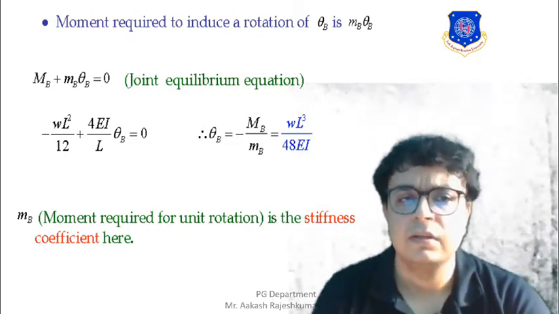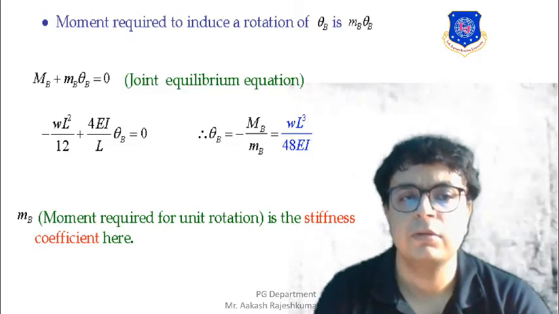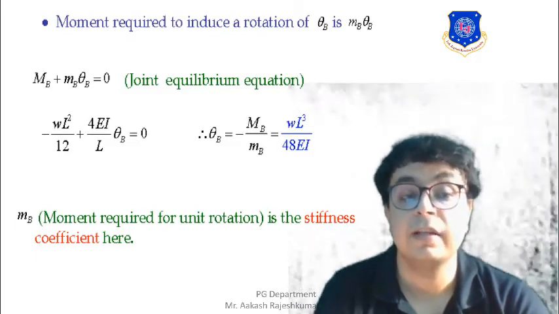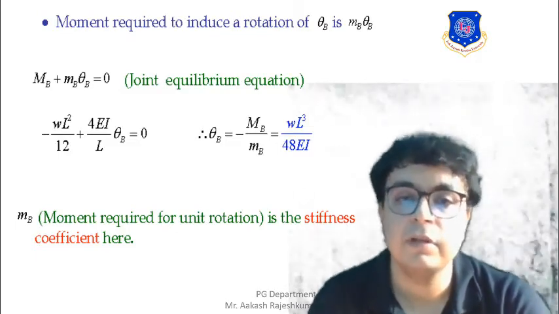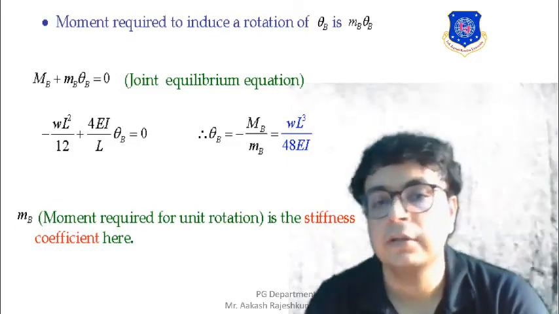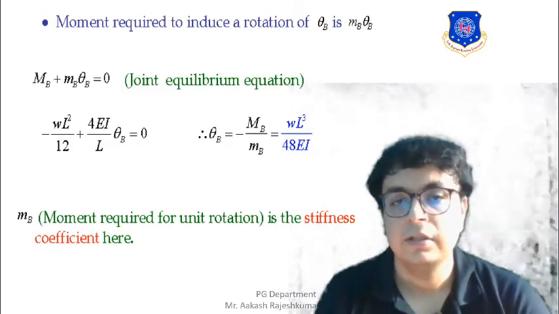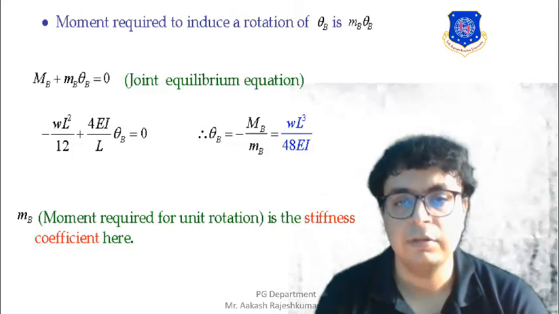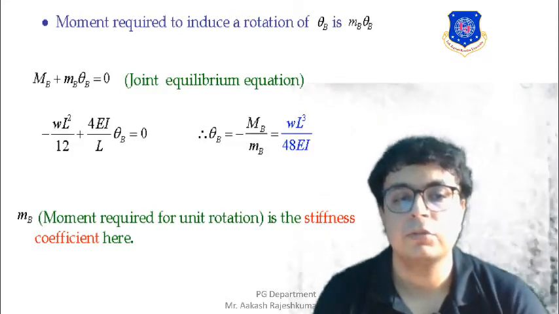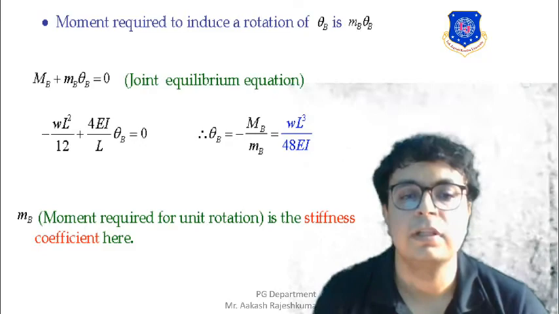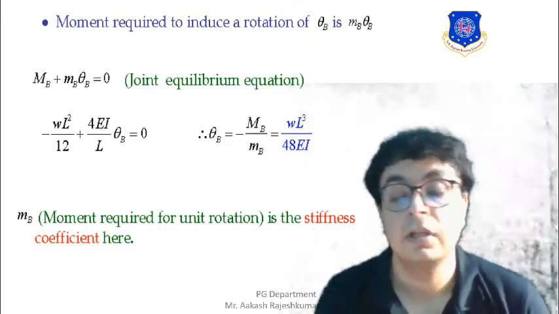After equating all this, that is minus WL square by 12 plus 4EI upon L theta B, finally we will get the value of theta B equal to WL cube by 48. Here theta will be equal to capital MB upon small mb, where small mb is nothing but the moment required for rotation, that is the stiffness coefficient.